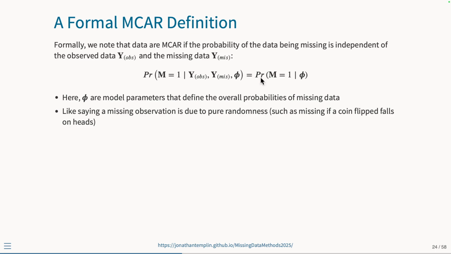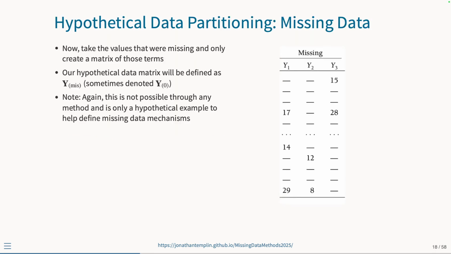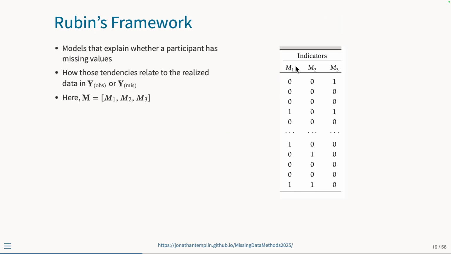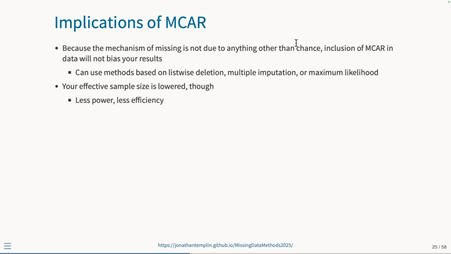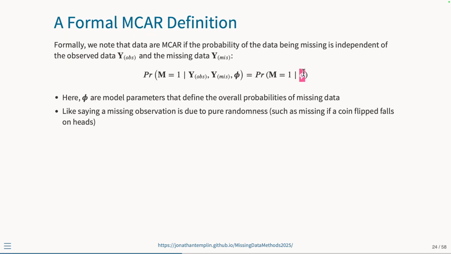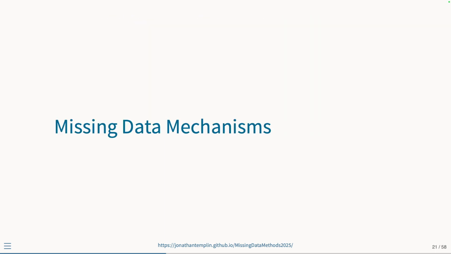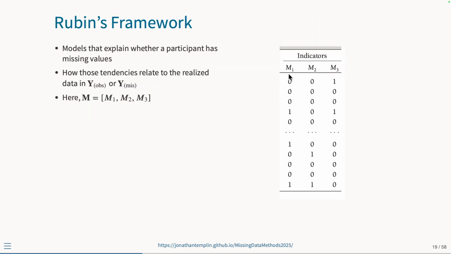Yeah, so think of it this way. If we just take one of these missing indicators right here, we model that with a logistic regression. But the logistic regression only includes phi, which is the coefficients of that regression. Well, it's not really a logistic regression anymore.